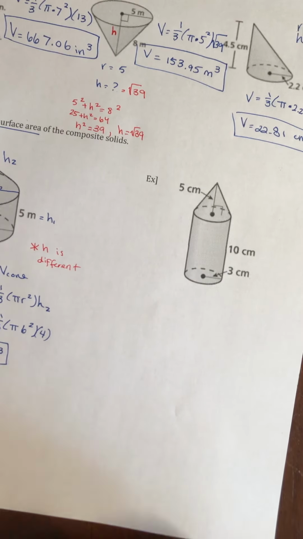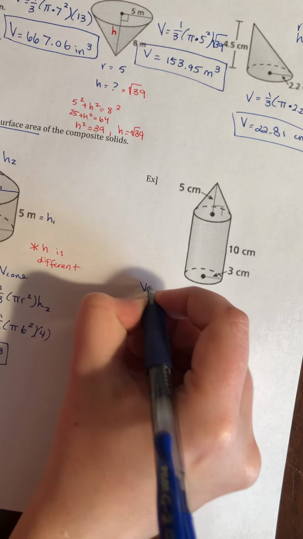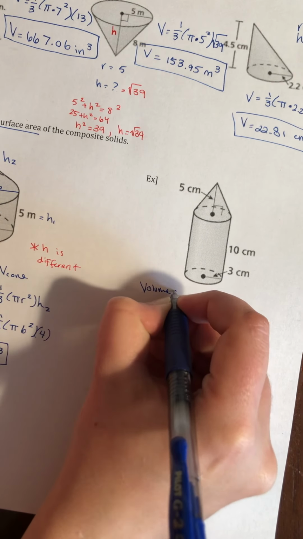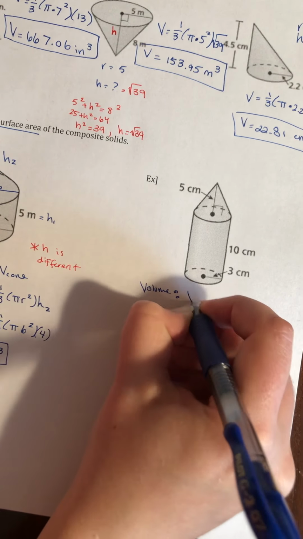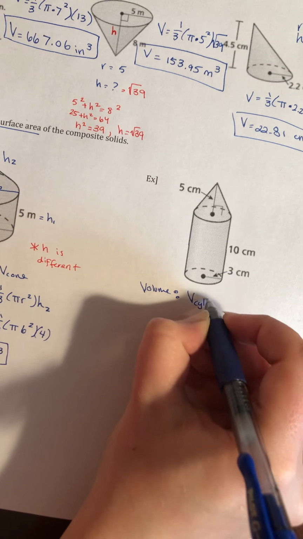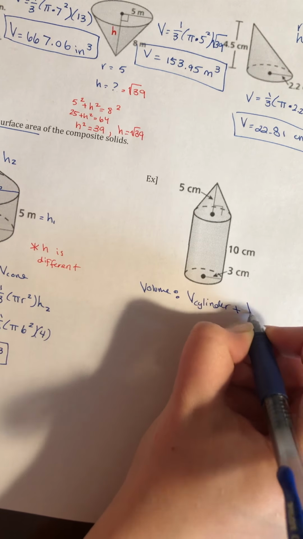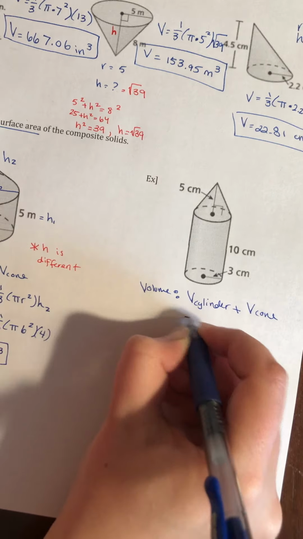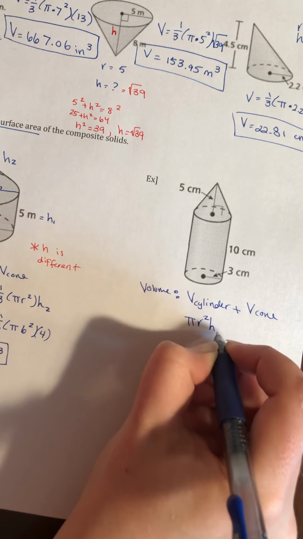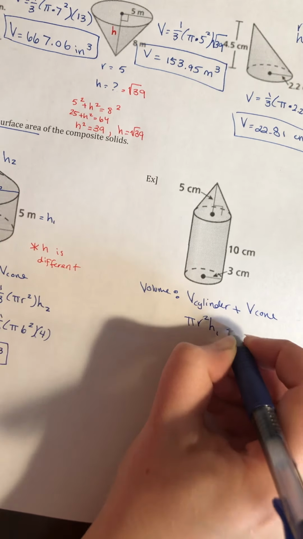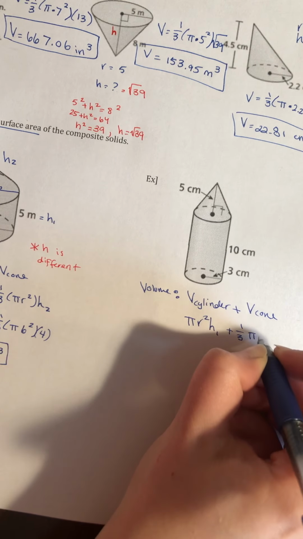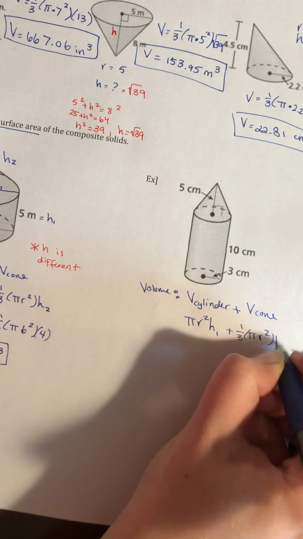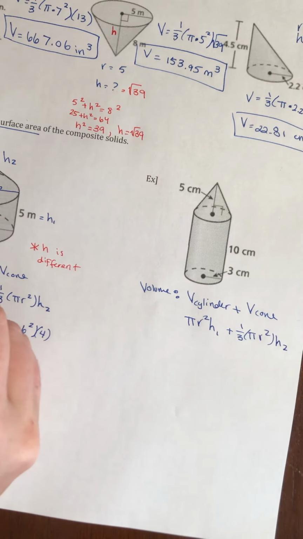Same thing for here. We want to do the volume of the cylinder plus the volume of the cone. So pi r squared, the height of the cylinder, plus 1/3 pi r squared times the height of the cone.